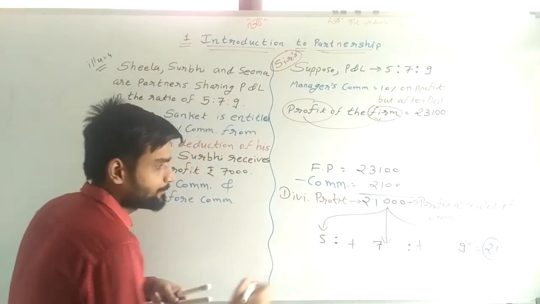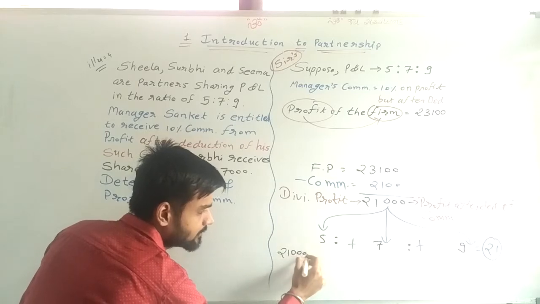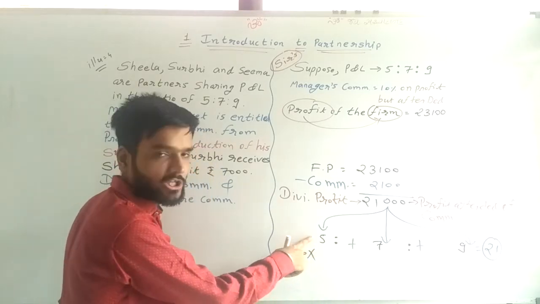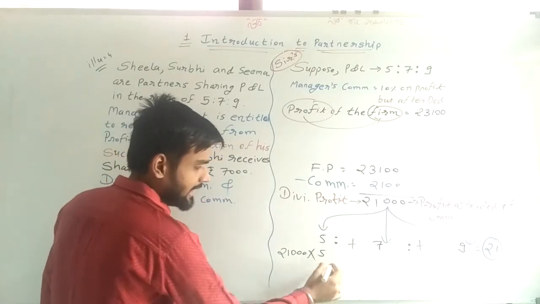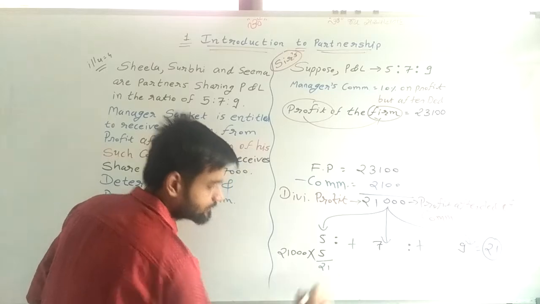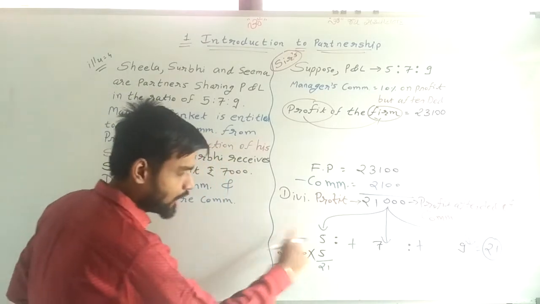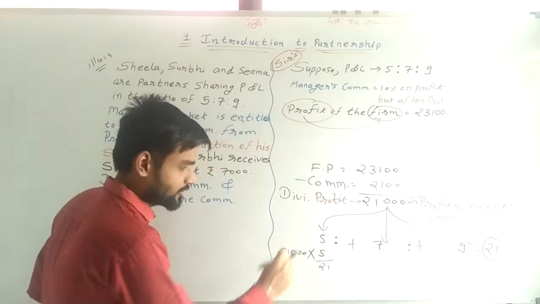See here carefully. 21,000 into, we need to give 5 portion. So into 5, divide by the total of these 3, 21, divide by 21. So solve this, you will get the answer of the proportion.